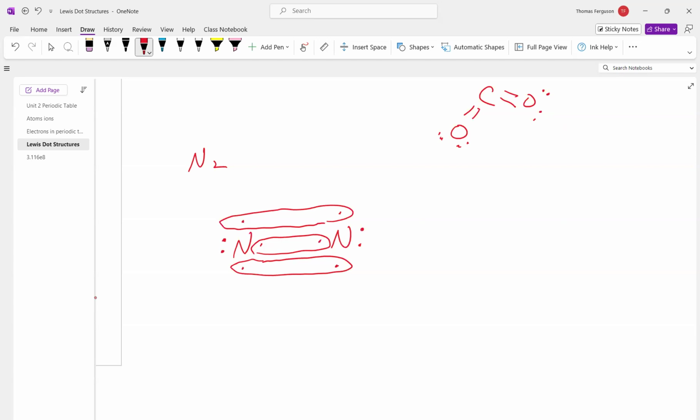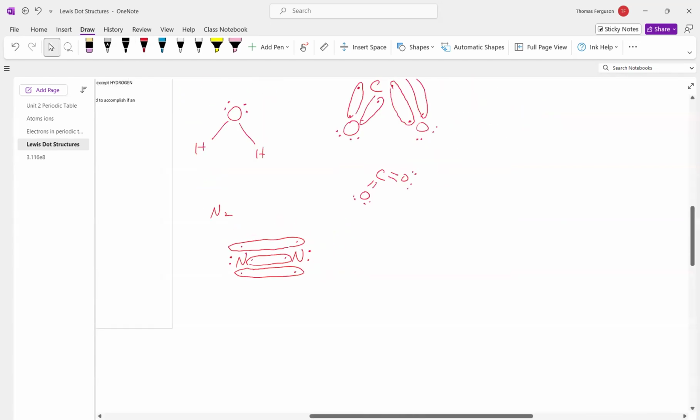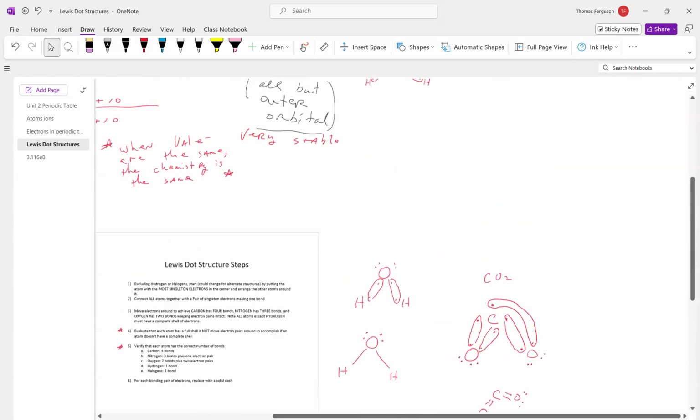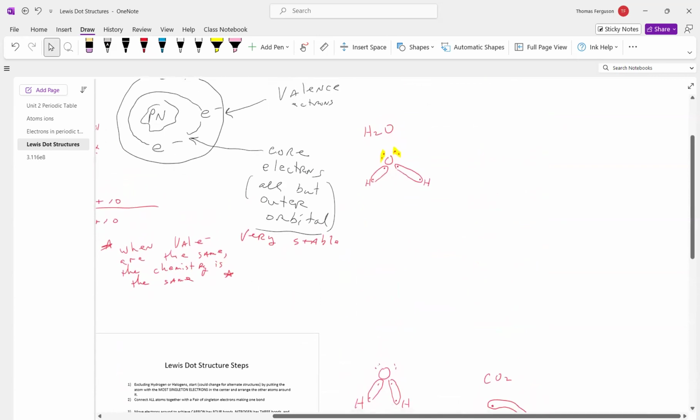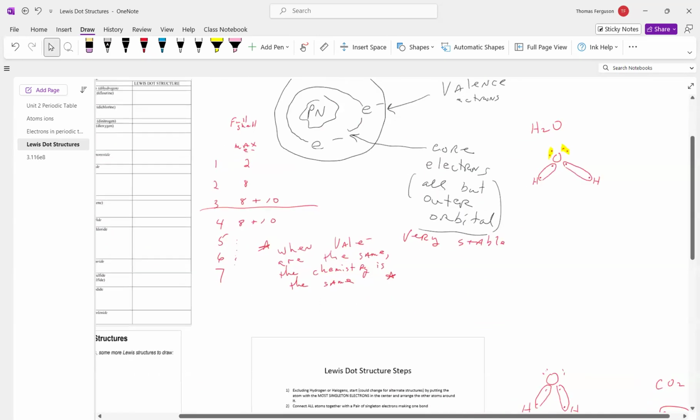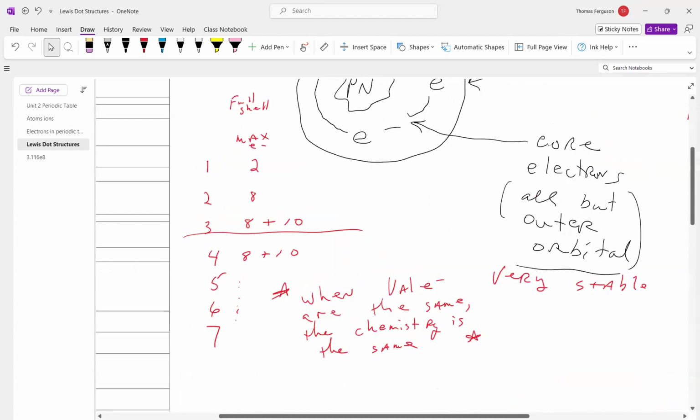Nitrogen gas, the most prolific gas on Earth. And it doesn't react because it's stable the way it is. Because in shell 2, we can only have 8 electrons total.